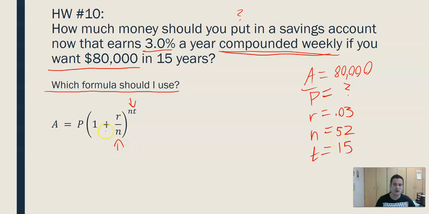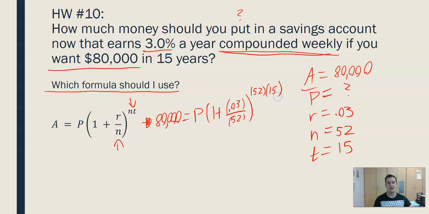So let's plug all that in. I have 80,000 equals P times (1 plus 0.03 over 52) to the N, 52 times T, 15 power. So notice now I'm solving for P. First, I'm going to calculate this.